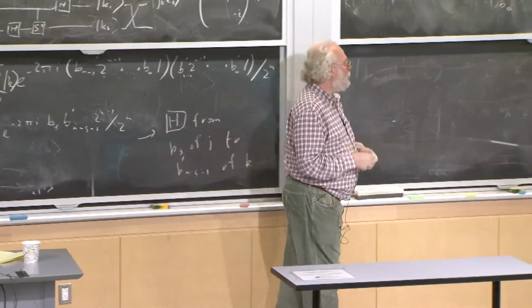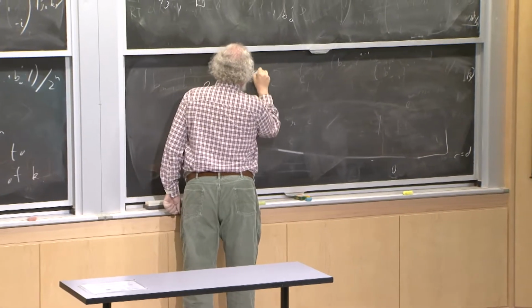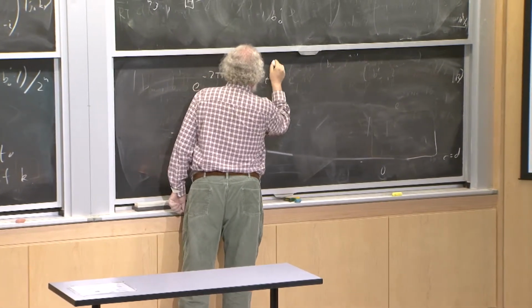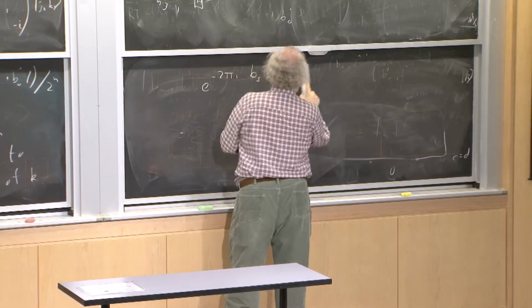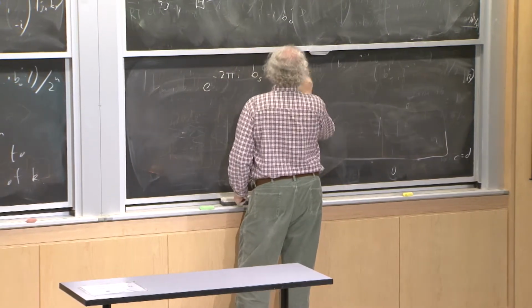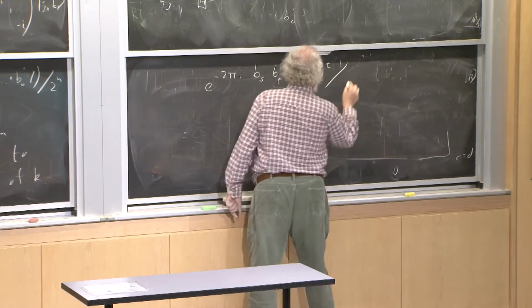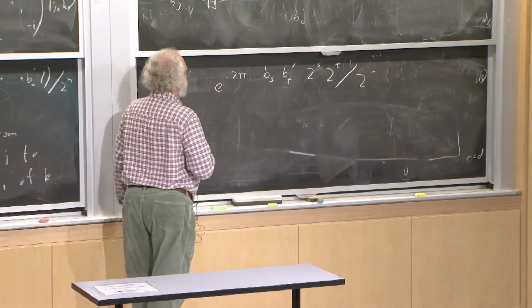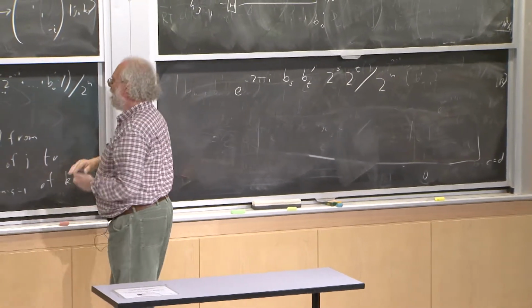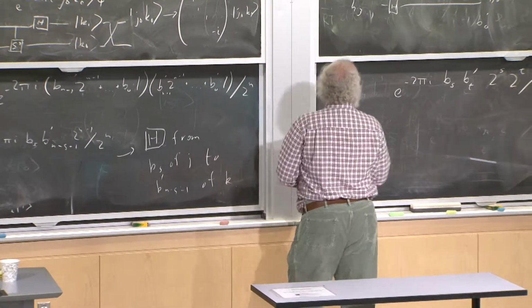Those are bad variables. e to the minus 2 pi i b_s b prime t times 2 to the s, 2 to the t, over 2 to the n. That's just one term from here and one term from here.